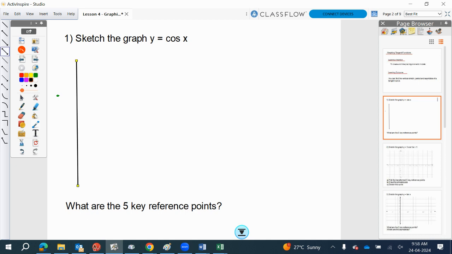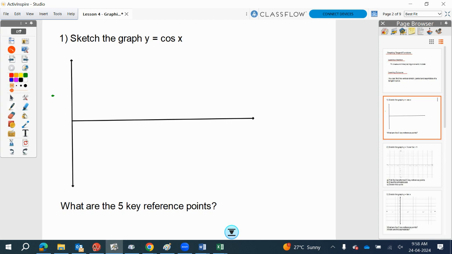Takes you a second. Like this. You should plot your key points. You should label them. I'll do this as pi over 2, pi, 3 pi over 2, 2 pi, 1, -1.